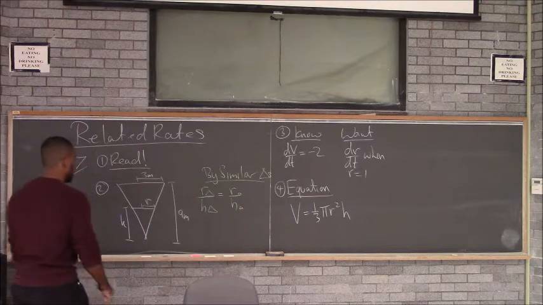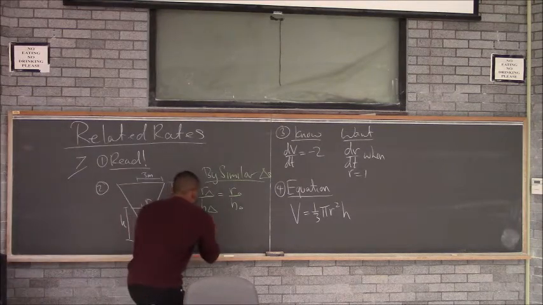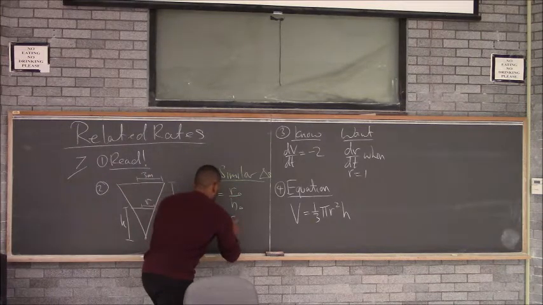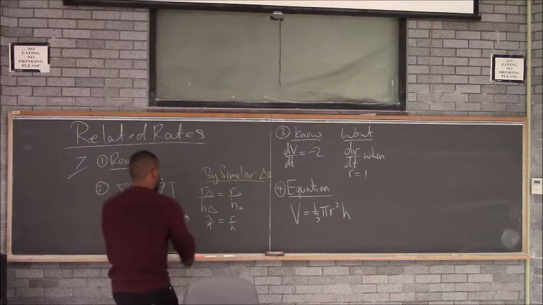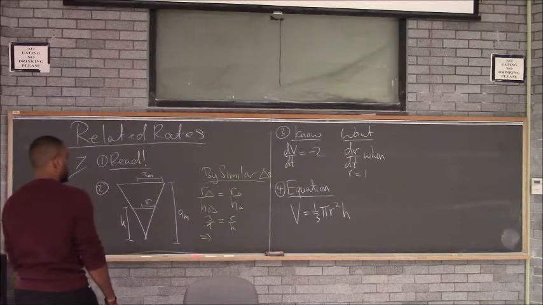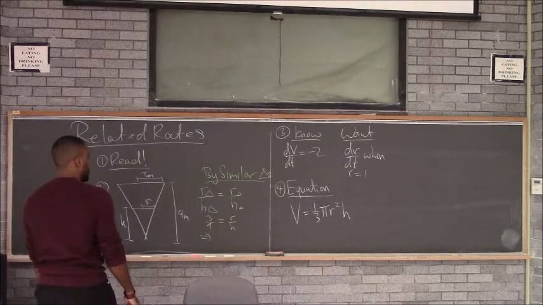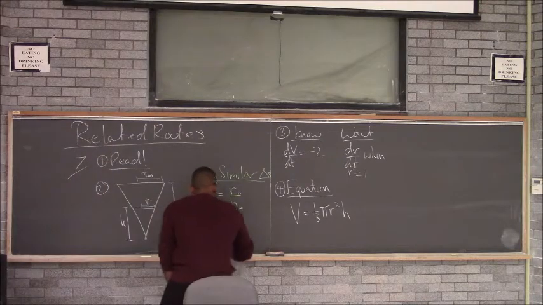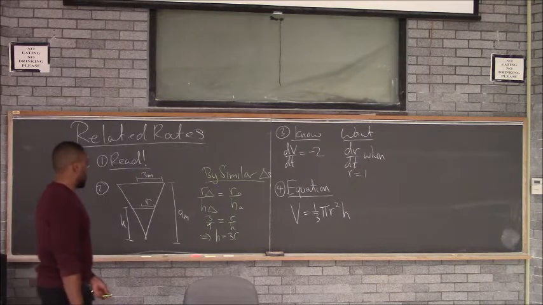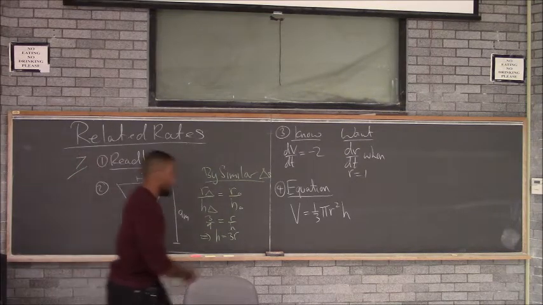So that's going to be 3/9 equals r over h, which means 1/3 equals r over h, which means that h equals 3r. Okay, and then you substitute 3r, so you can plug that in.